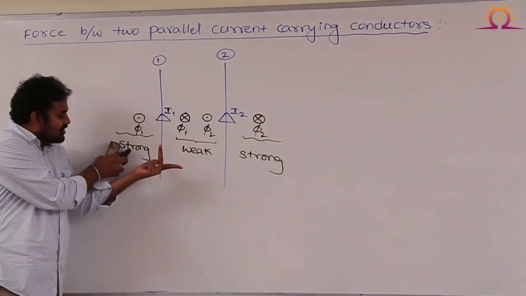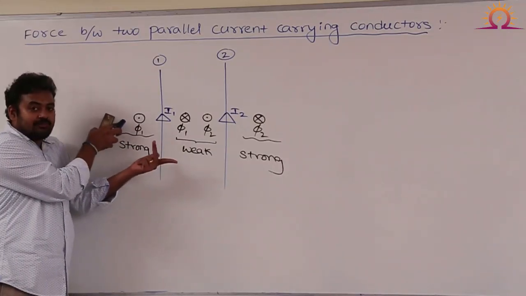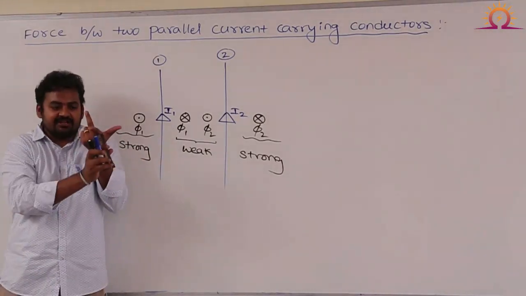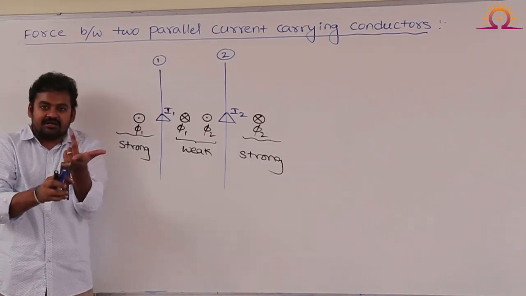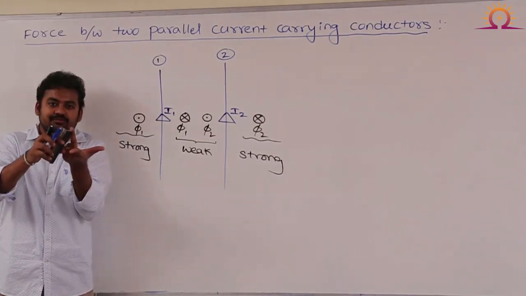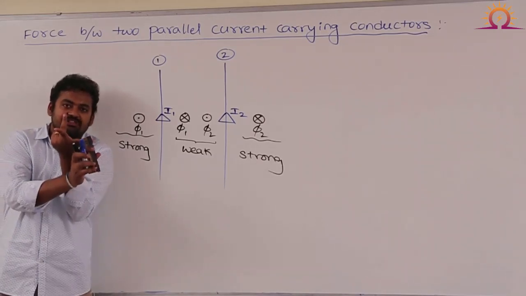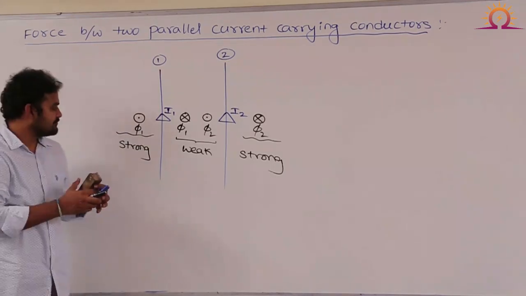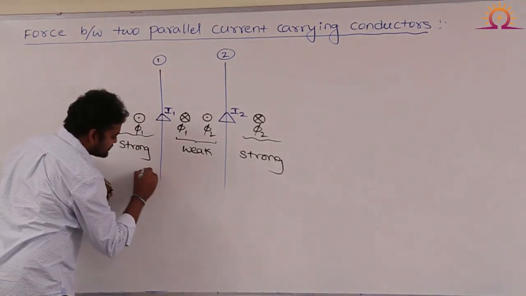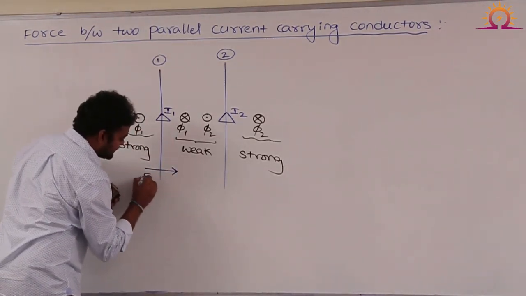You see the strong magnetic field is out of the plane. My point finger is showing out of the plane, that is the magnetic field. Current is in upward direction, that is shown by the central finger. So what my thumb is going to represent, the force, is in this direction. So this is the force on this conductor.